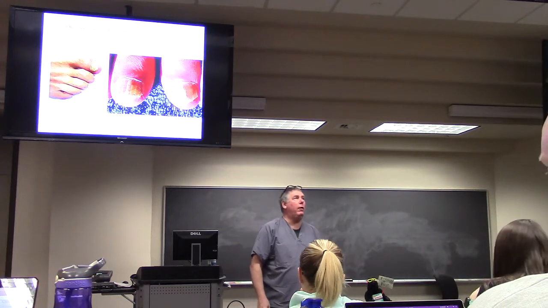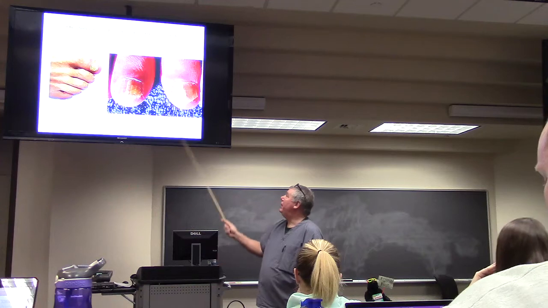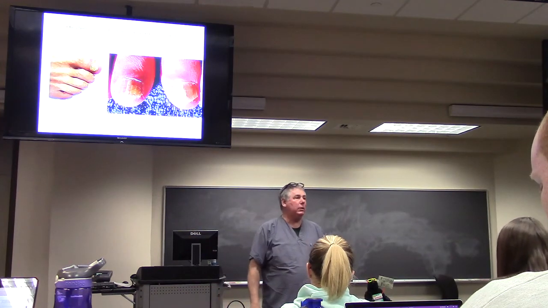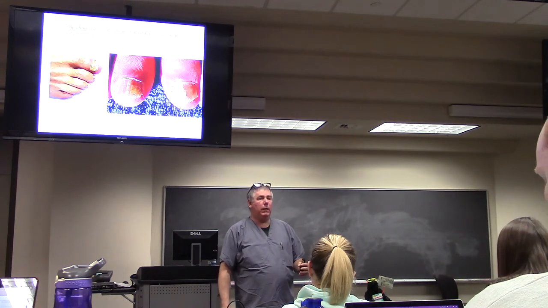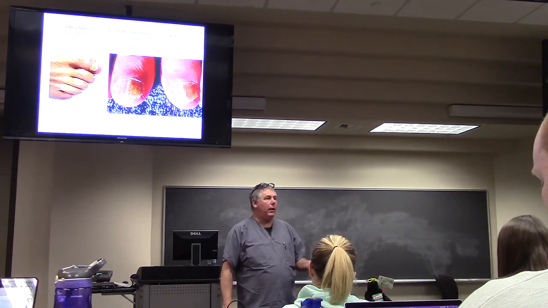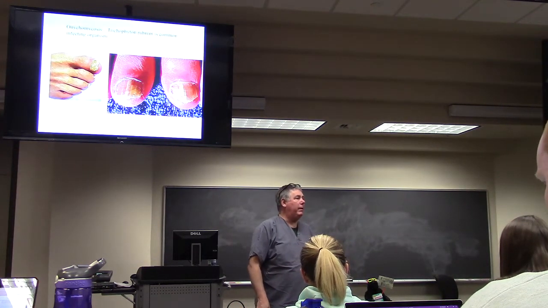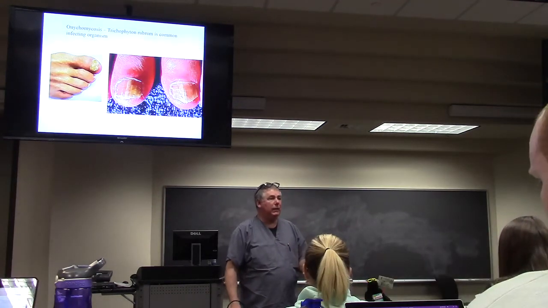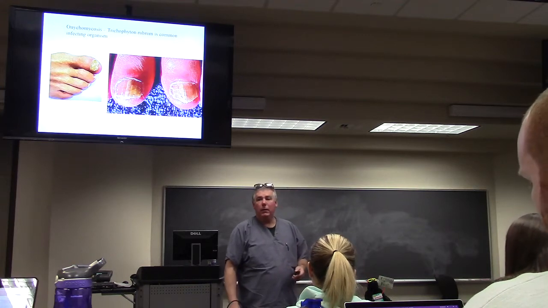Onychomycosis is a fungal infection of the nails that produces thickened, yellowish, flaky nails. Some people are more prone to this genetically than others. Unfortunately, if you get rid of it with medication, it'll usually come back.